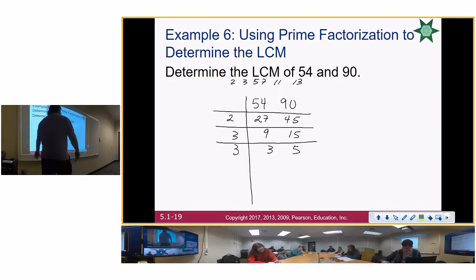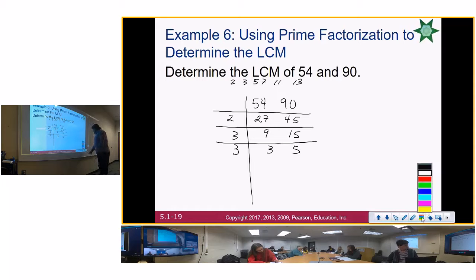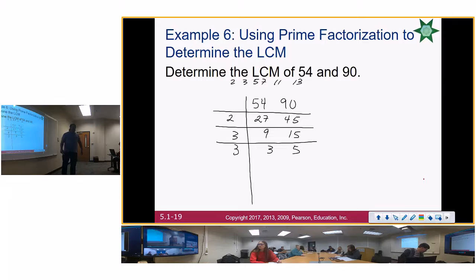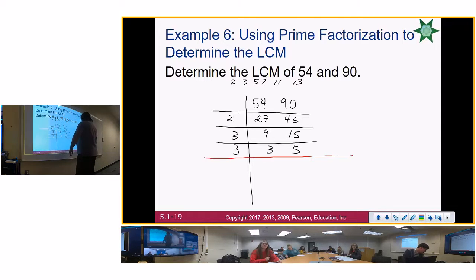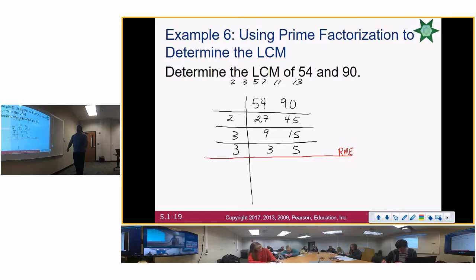At that point, when you find the greatest common divisor, I want you to take a red pen or a red highlighter, draw a line under this, and put real math ends. Real math ends. Why?